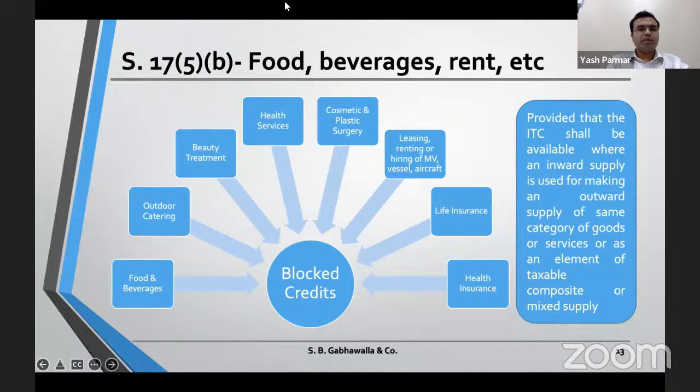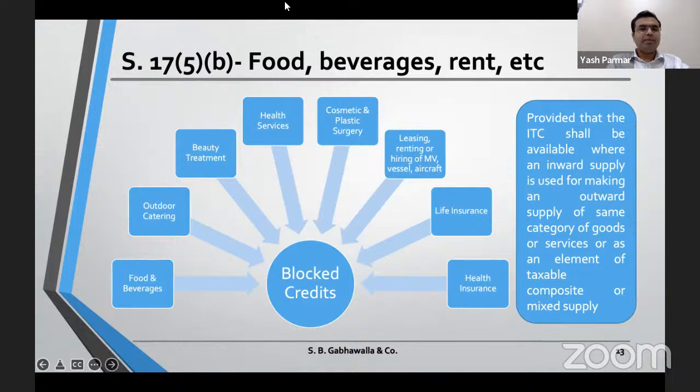Now there is a proviso in this particular clause, and it reads as: provided that the ITC shall be available where an inward supply is used for making an outward supply of the same category of goods or services, or as an element of a taxable composite or mixed supply.